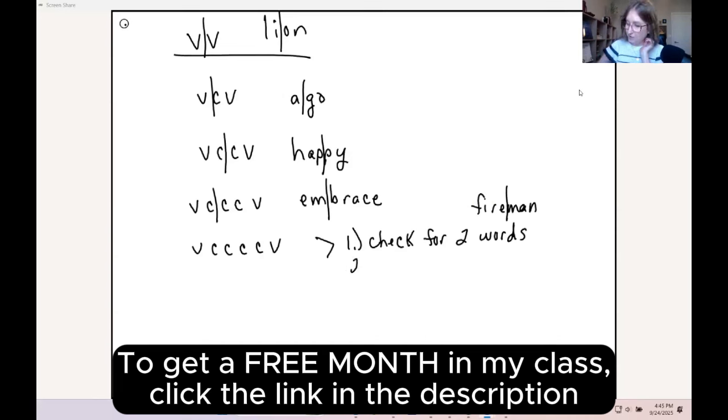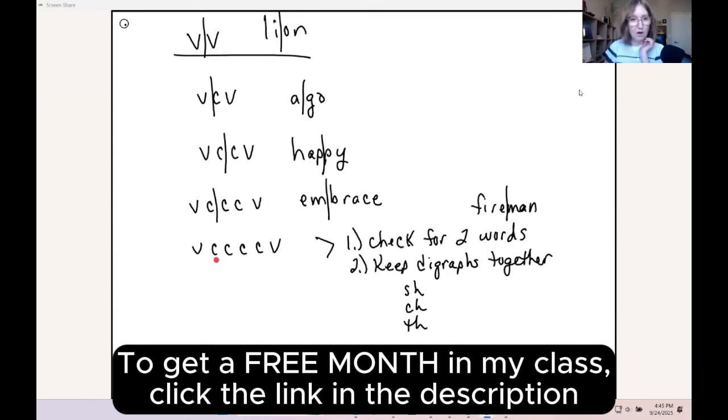You also need to keep digraphs together, because these are all consonants in the middle. So digraphs meaning SH, CH, TH. You're going to keep those together. You're not going to divide them.